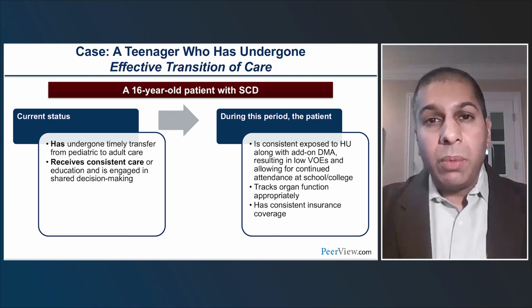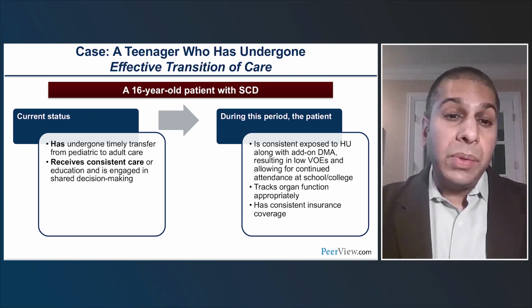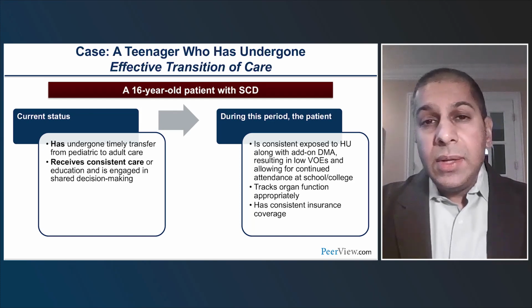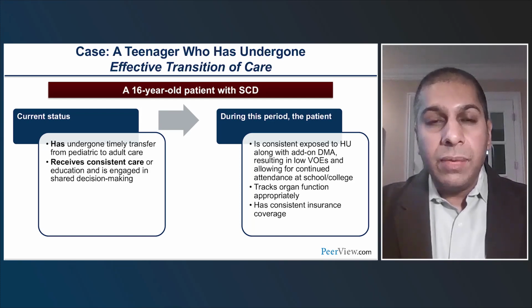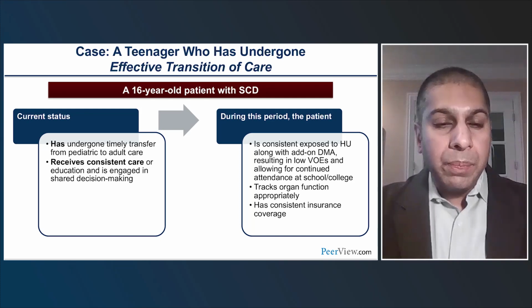If the patient's having more vaso-occlusive episodes, this could also be an opportunity to add other disease modifiers that might provide synergy with the hydroxyurea and reduce vaso-occlusive episodes. And then, if the patient's having fewer vaso-occlusive episodes, they may have a better chance of maintaining attendance in school and progressing to job opportunities and college opportunities.